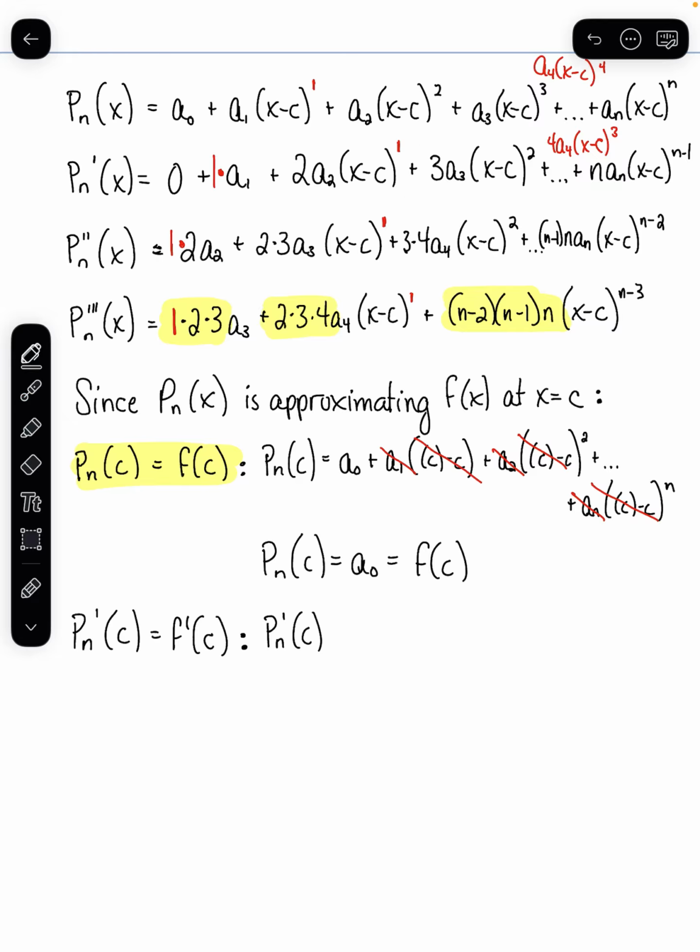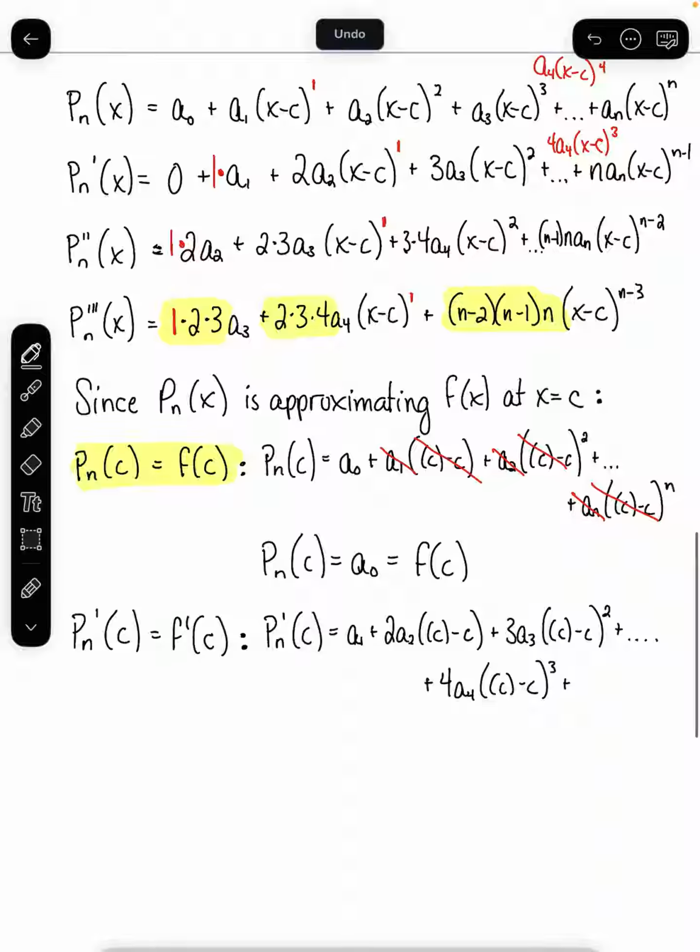P sub n prime is equal to a sub 1 plus 2a sub 2 times x minus c, but we are substituting c in for x, plus 3a sub 3 times c minus c squared, plus 4a sub 4 times c minus c cubed, plus, and so on, up to n a sub n times c minus c to the n minus 1.